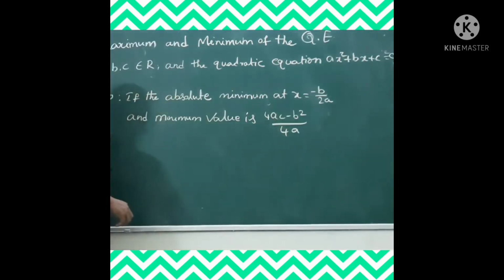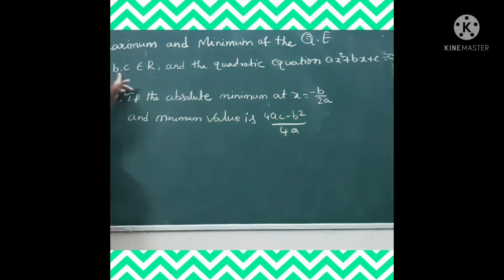For instance, a, b, c belongs to R and the quadratic equation ax square plus bx plus c. So the a value is greater than 0, meaning a value is not 0 but positive. If the absolute minimum is at x is equal to minus b by 2a, the minimum value is 4ac minus b square by 4a. And the second condition is a is less than 0.